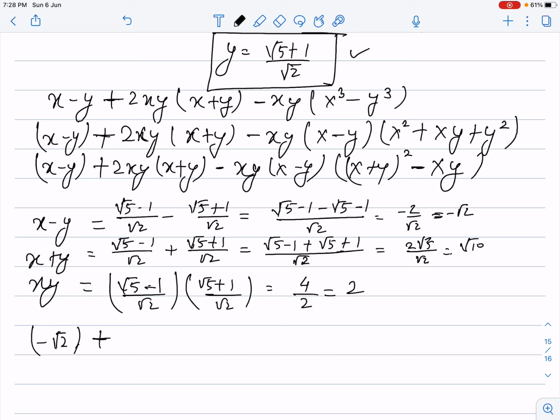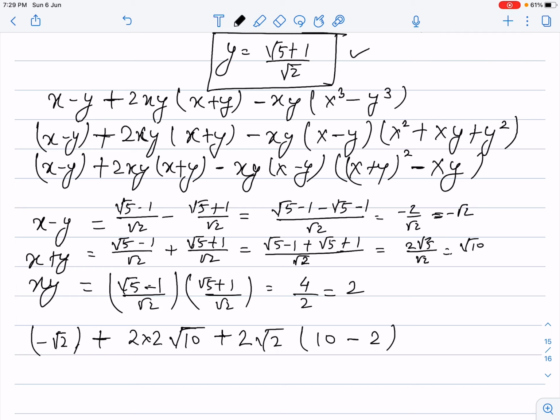Then the value of 2xy means 2 multiplied by 2, multiplied by x plus y, which we know is root 10. Then minus xy, we know it is 2. Then x minus y is minus root 2, and minus root 2 with the minus sign means plus root 2. And then we have x plus y the whole square, that becomes 10. Minus xy means minus 2.